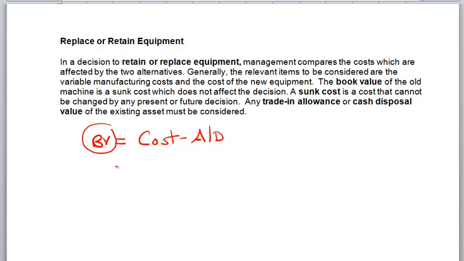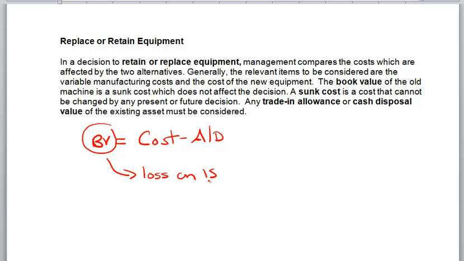And if you just eliminate that piece of equipment and don't get any trade-in value, that book value becomes a loss on the income statement. So instead of depreciating it and impacting our income statement, it'll be a loss. Both have the same impact on the income statement. It reduces net income. So it's a wash.